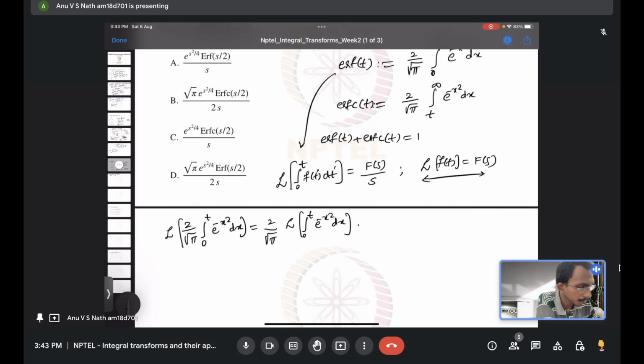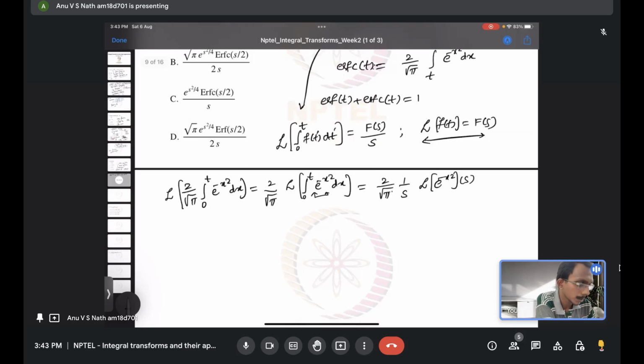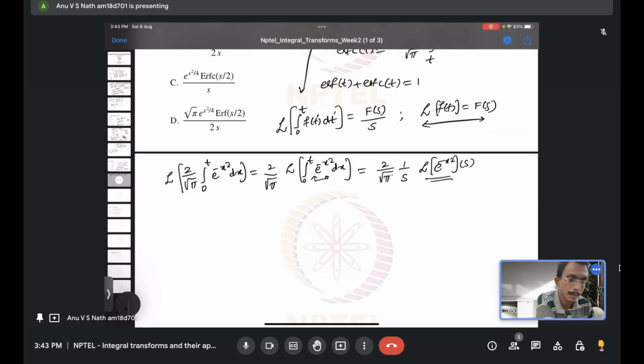Since it's an integral, if we know the Laplace transform of the function inside, it is easy: 2 by square root of pi times 1 by s times the Laplace transform of e raised to minus x square. So we just need to evaluate the Laplace transform of e raised to minus x square. It should come in the table also, you can look into the table, but we can evaluate it. This is actually easier: e raised to minus x square times e raised to minus st, by the basic definition.